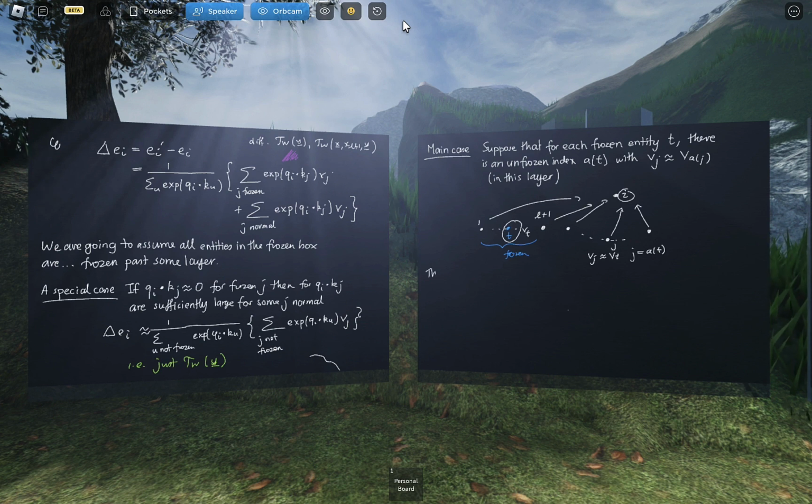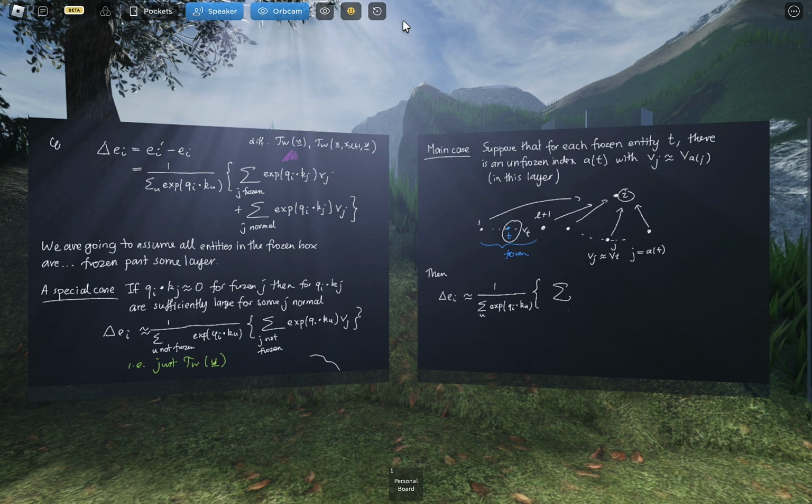Then we can write the update by grouping the things with similar value vectors. Right, so just take the formula on the left-hand board and merge the sum over frozen j's, or frozen t's now, into the other sum.